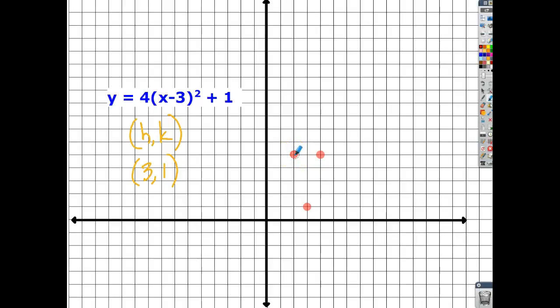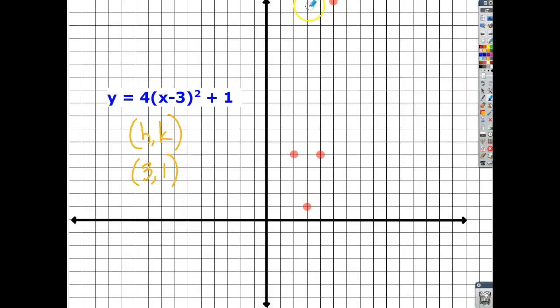Typically if I were to go over 2, I would go up 4. Over 2, square 2, that gets you to 4, and then I multiply that by 4, so I'd get 16. I'm not sure I can fit that in here, so let's see. 2, 4, 6, 8, 10, 12, 14. Oh, all the way at the top there.